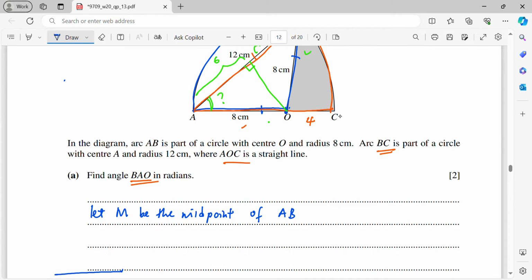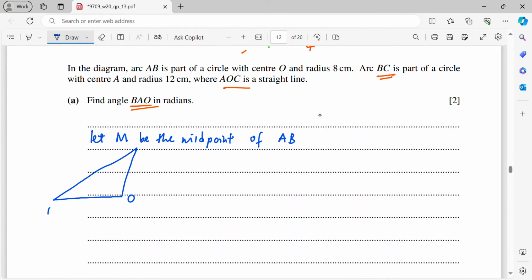So here is your O, this is A, here is B, this is 8, this is your M. Here is 6, this is 6, and this is the angle BAO. So I let angle BAO equal theta.